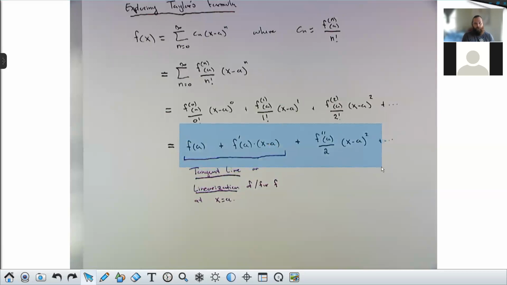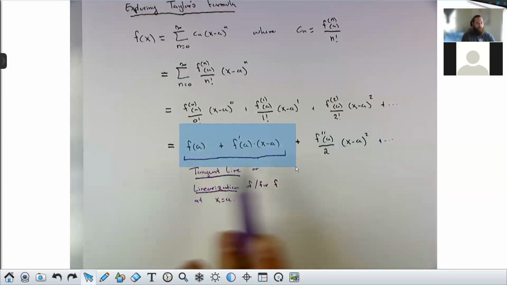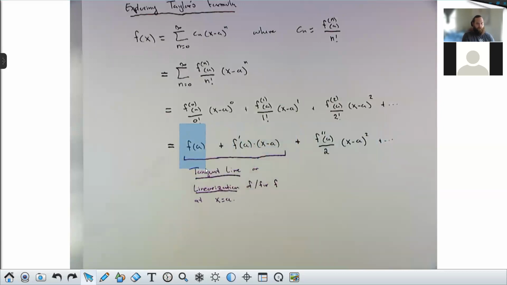If I just take these first two terms, there's no x's in the first. This is a constant. There's an x to the 1 here. So this is indeed a line, right? a is a constant, f of a and f prime of a are constants. So this really is just a line, and it is the tangent line, or linearization for f at a.